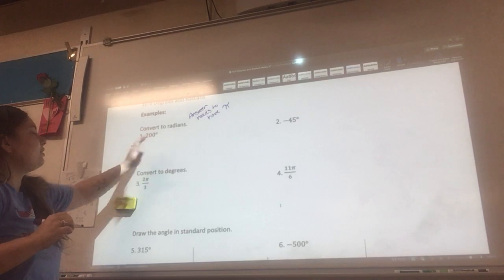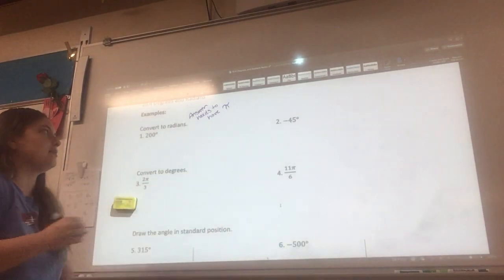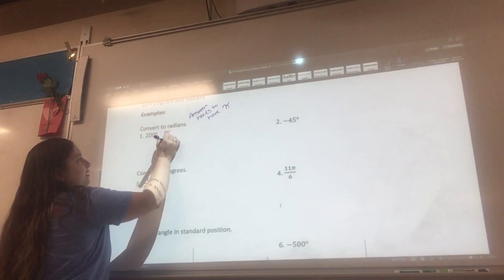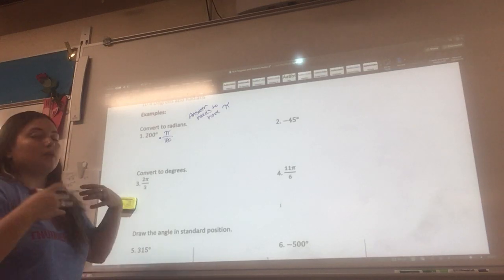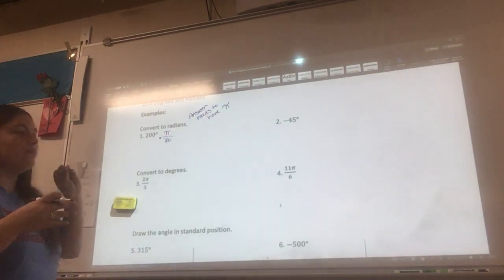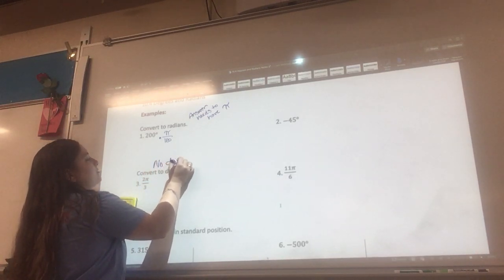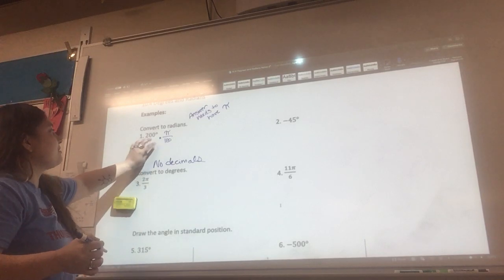So we have 200 degrees. To convert degrees to radians, we multiply by pi over 180. We do not want decimals.